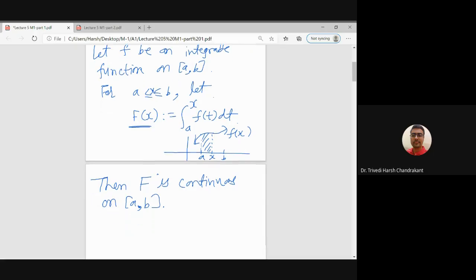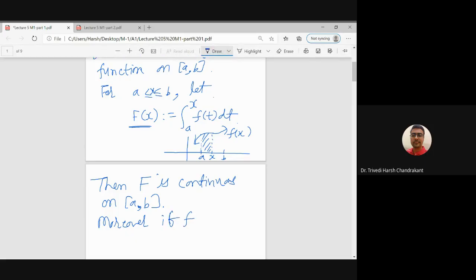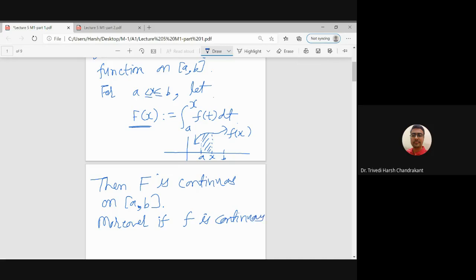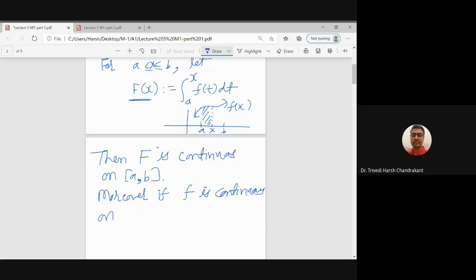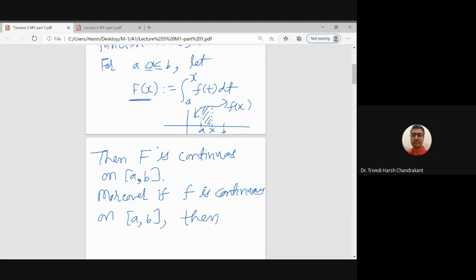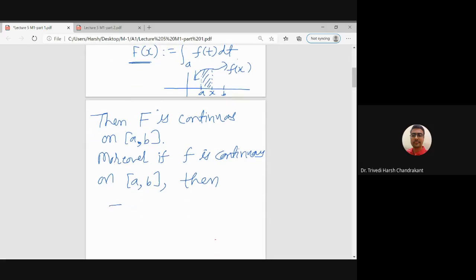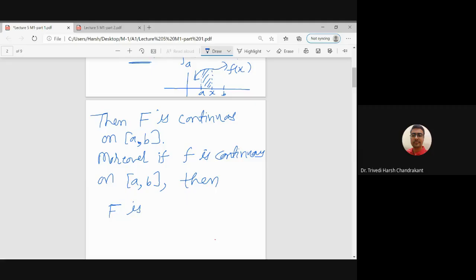Moreover, if our given function small f is continuous on the interval, so if this condition is satisfied, that the given function is continuous on the entire interval, then capital F function is differentiable.